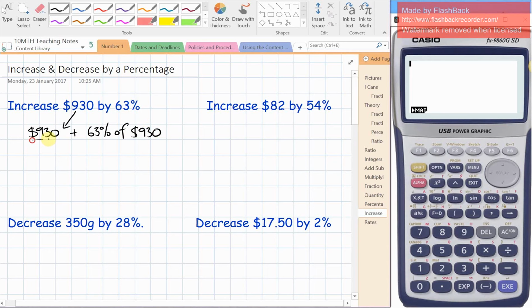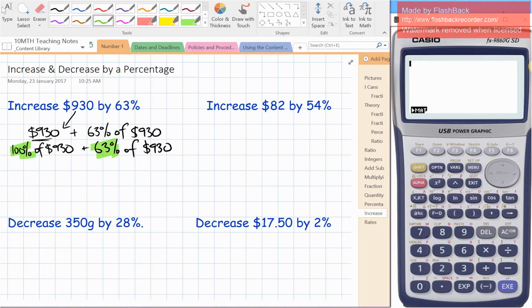If you look at that $930 there, another way of saying that is 100%. So $930 is actually 100% of $930. So I'm going to rewrite that like this, and then rewrite the rest of the problem. So now what I have is 100% of $930 plus 63% of $930.